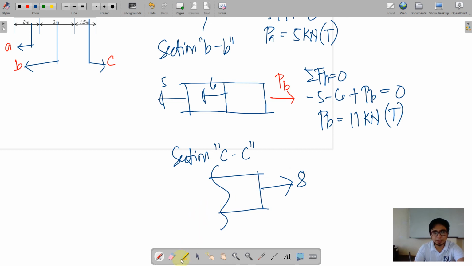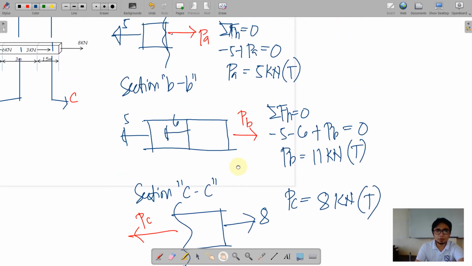So if this is 8, then it is assumed that this is PC against the direction of it. So perhaps you can directly say that PC is equal to 8 kilonewton. Again, that is in tensile orientation.